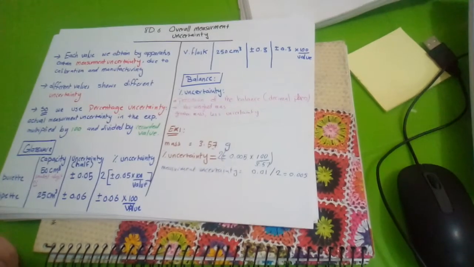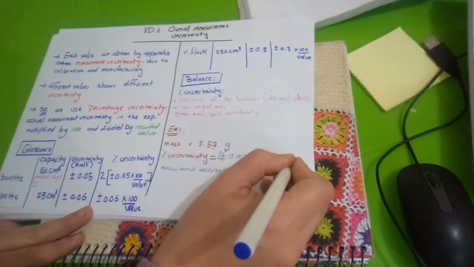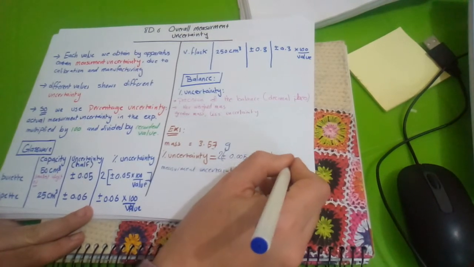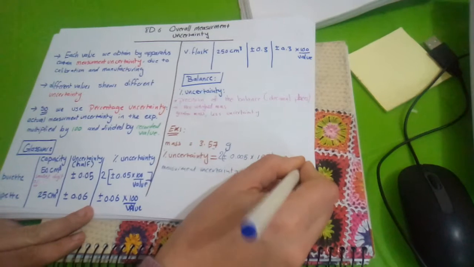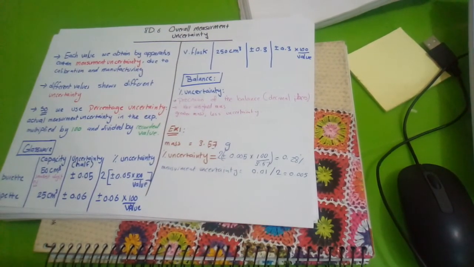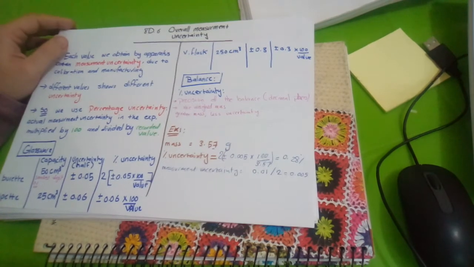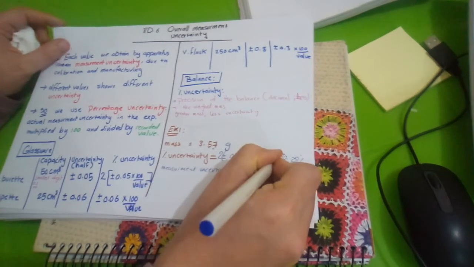The final value for that percentage uncertainty is 0.28%. It means the uncertainty of that balance is plus minus 0.28%.